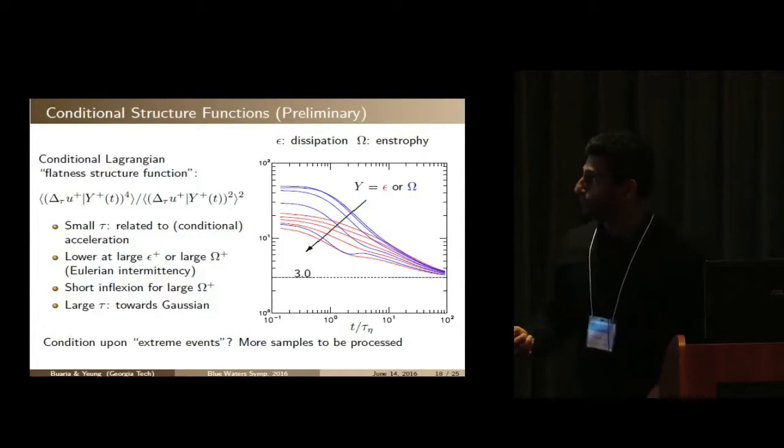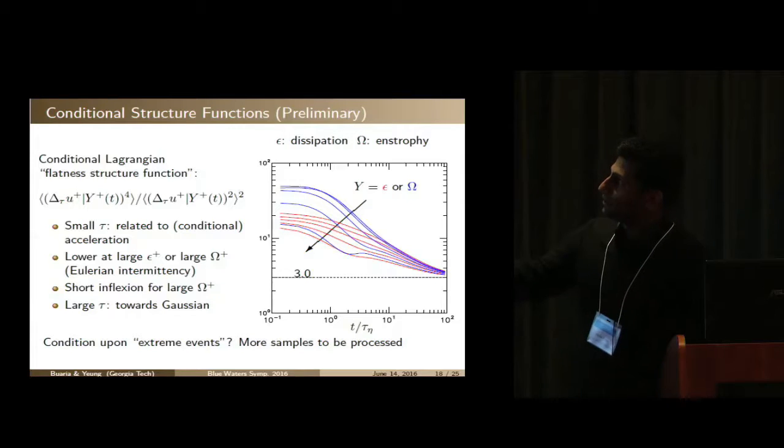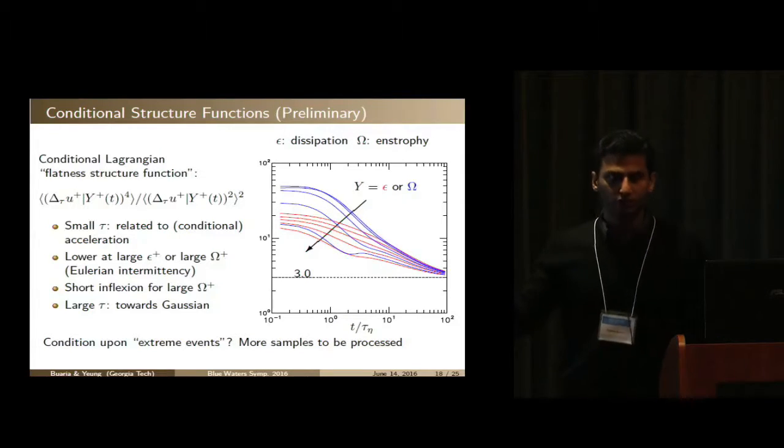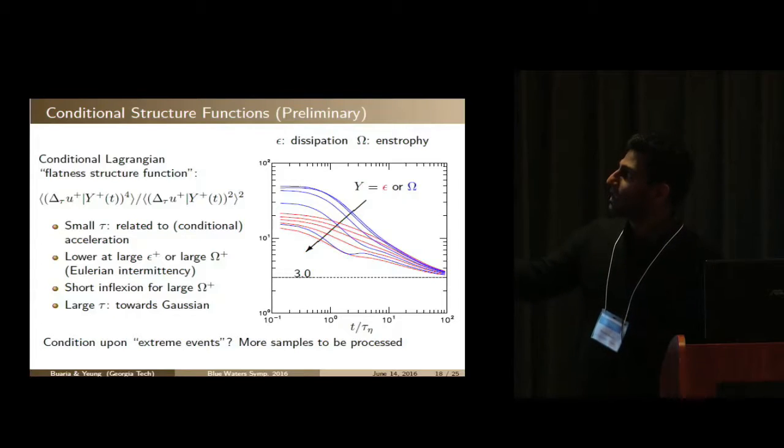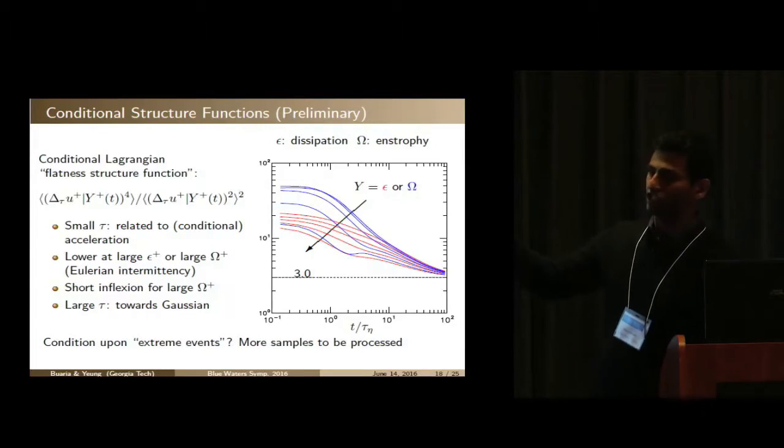So I guess I'll quickly go through it. What I'm showing here is the non-dimensional fourth order structure function conditioned on the y, which can be the dissipation or the entropy.